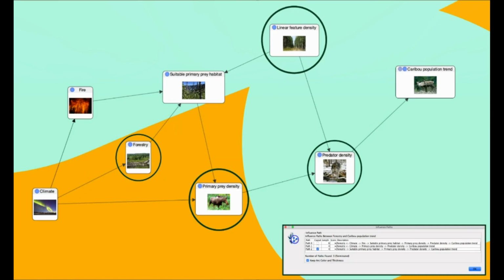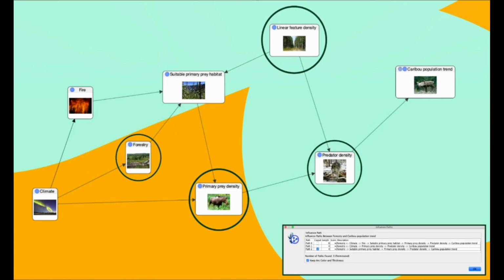And those are non-causal because there are arrows pointing in the opposite direction. They still provide this backdoor opportunity for biasing our estimates of the effect of forestry on caribou populations unless we condition properly on the right set of variables to control for that.